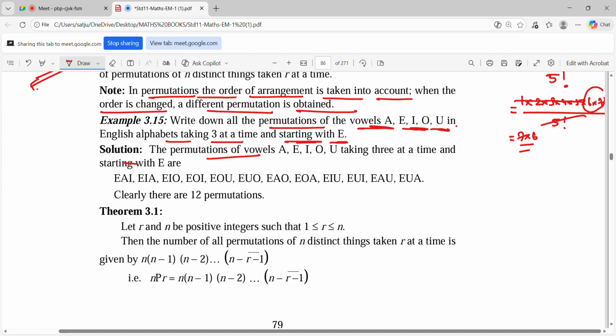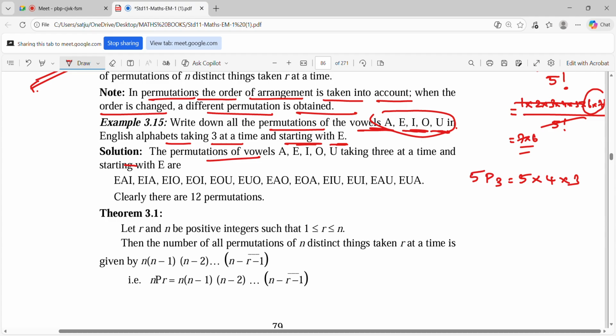Now, if you simply see 5 here, some people will use 5P3. If you are using that, it is wrong, because if you see this one, it becomes 60. If the question is to write all the permutations of the vowels A, E, I, O, U taking 3 at a time, then that is nothing but 60.